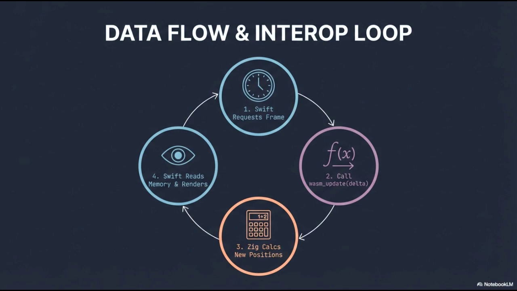This transitions control to the third stage, where Zig performs the high-performance calculations required to determine new positions and update the simulation state. Finally, the loop concludes as Swift reads these updates directly from shared memory and renders the frame to the screen. This architecture allows us to leverage Zig's computational efficiency while maintaining a responsive, native user interface.